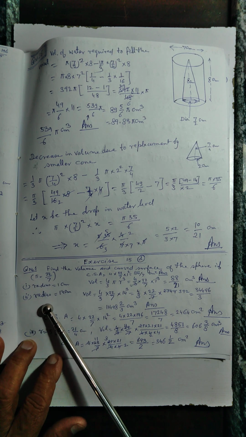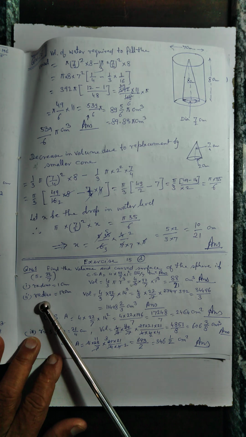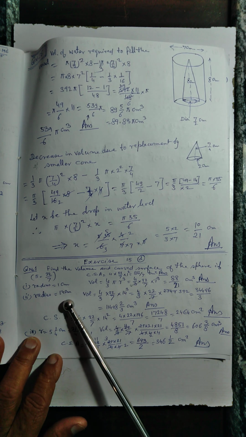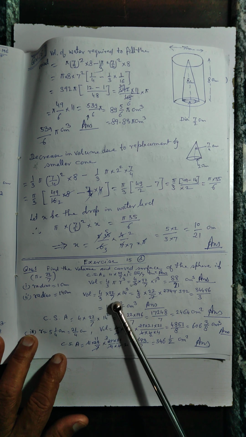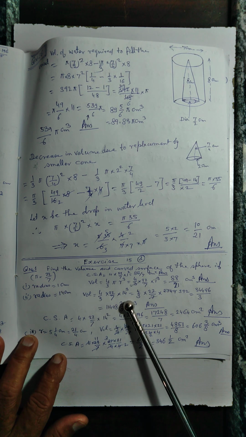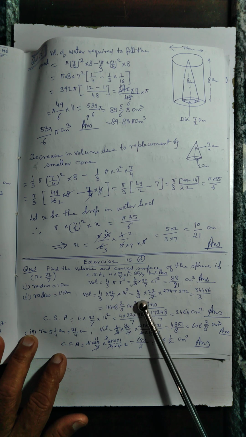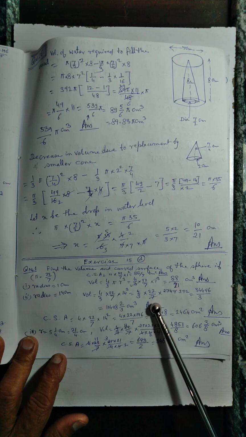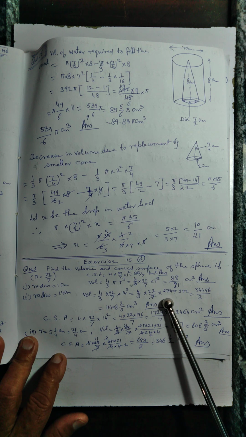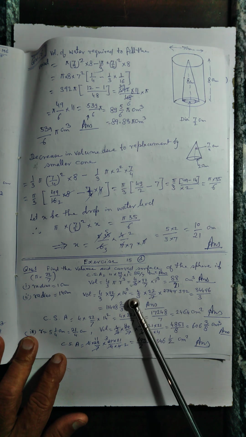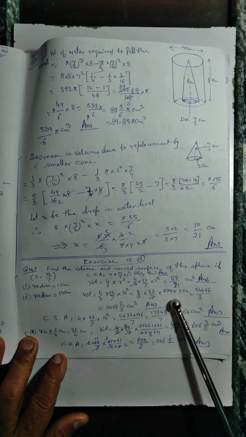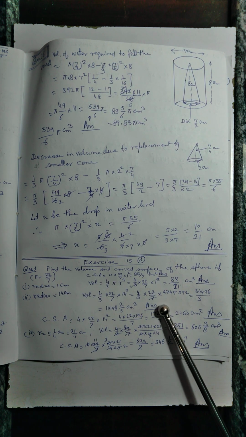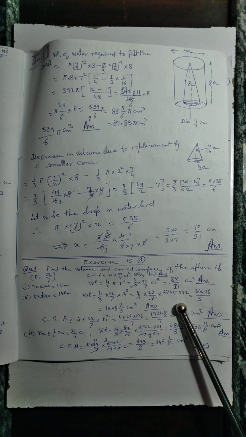Now come to the question number 1, second part, that is the radius is 14 centimeter. So volume will be equal to 4/3 pi, 22/7 into 14 cube. That will be equal to 4/3, 22/7 into 2744, means 14 cube is 2744. We divided this by 7, we got 392.